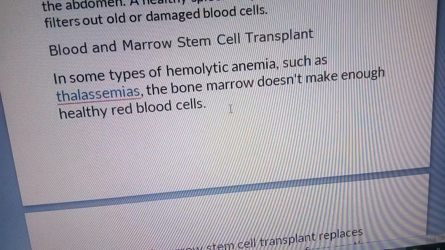Blood and marrow stem cell transplant. In some types of hemolytic anemia, such as thalassemias, the bone marrow does not make enough healthy red blood cells.